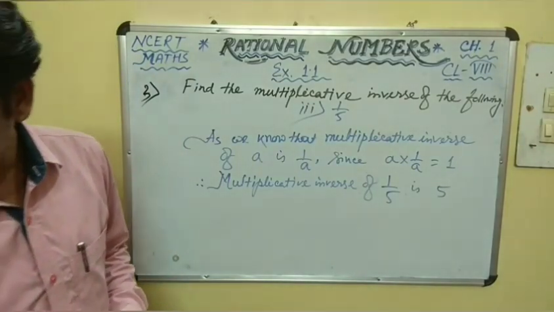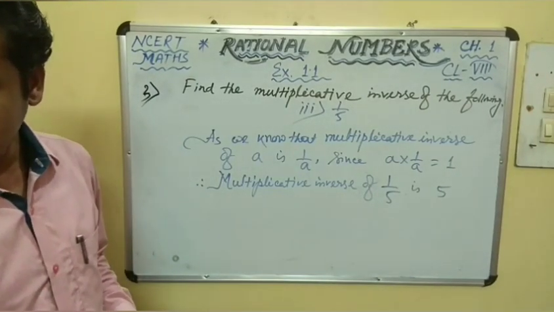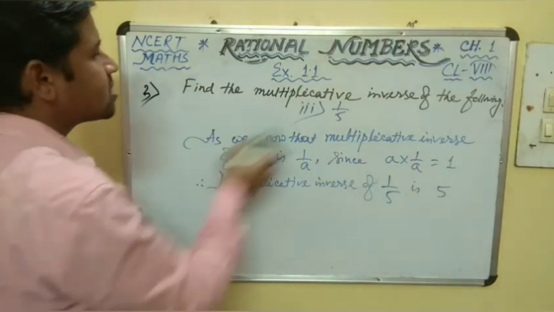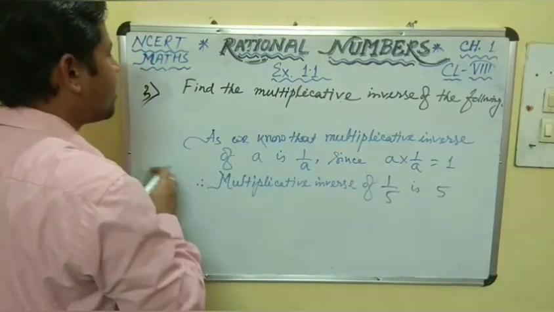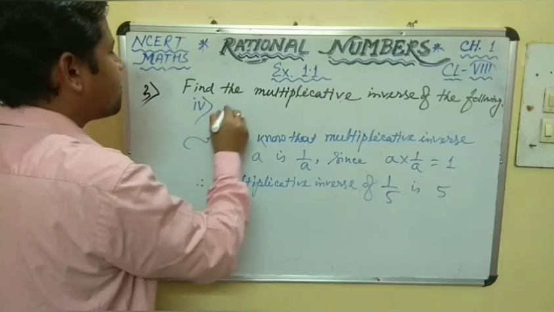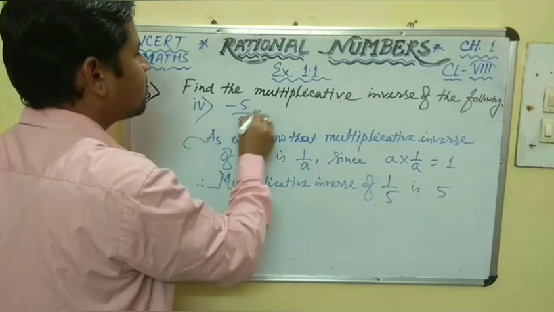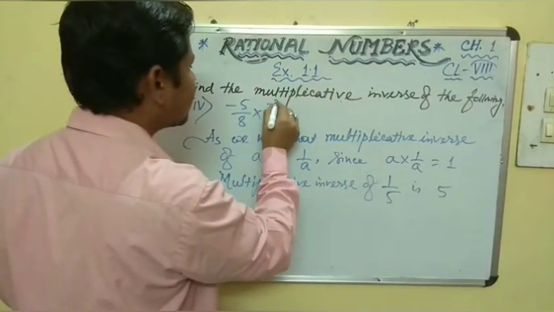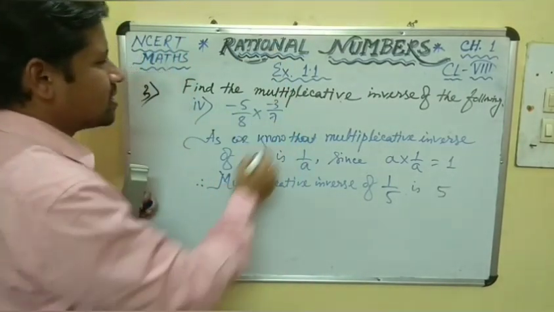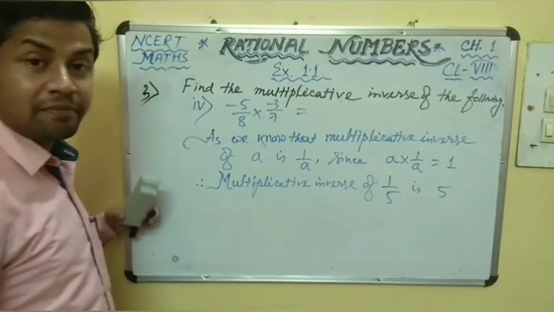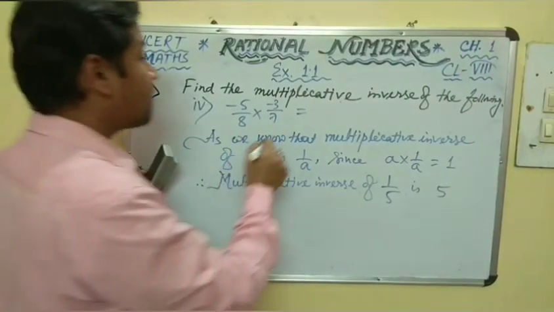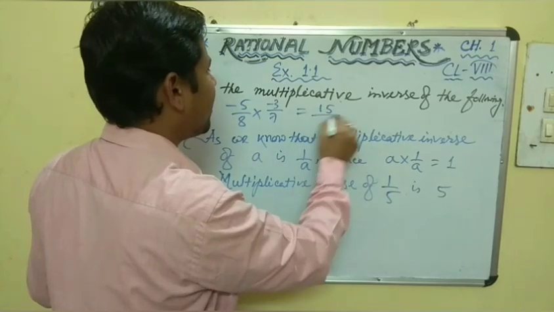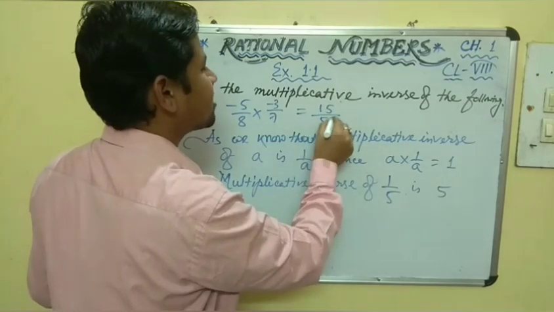Similarly, number 4 is saying minus 5 by 8 into minus 3 by 7. Let us simplify it. Minus minus becomes plus, so it will be 15 by 8 into 7, that is 56.